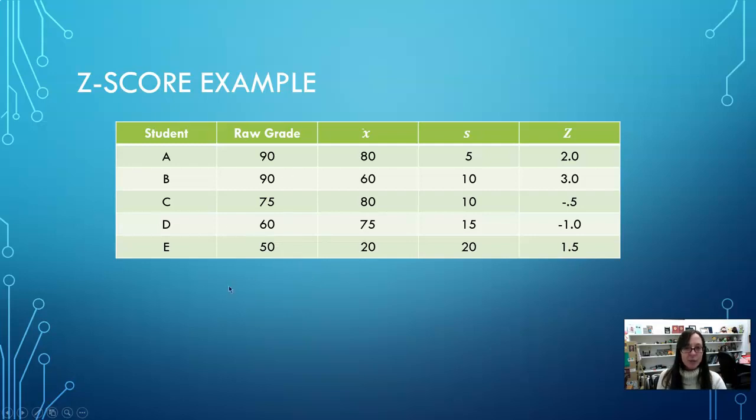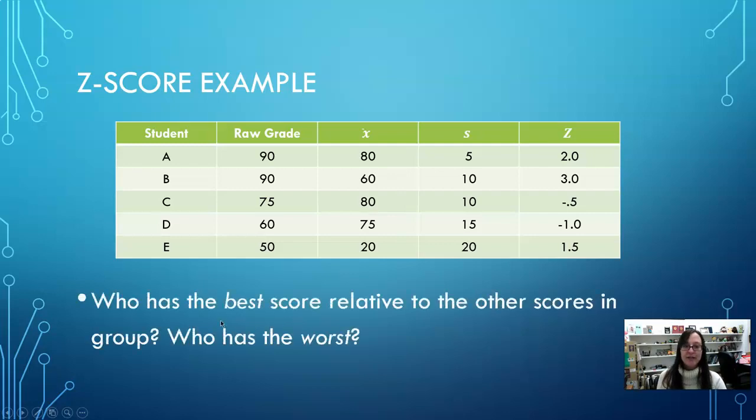So this gives us more information about the relativity of what these raw grades mean. The raw grades alone don't tell us as much as when we ask what that grade is in comparison to everybody else who took that same test. So for example, who has the best score relative to the other scores in the group?